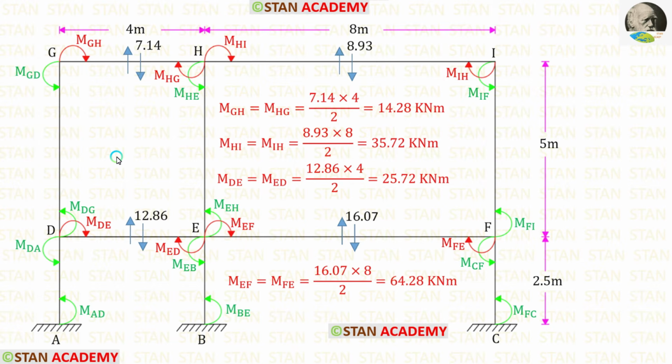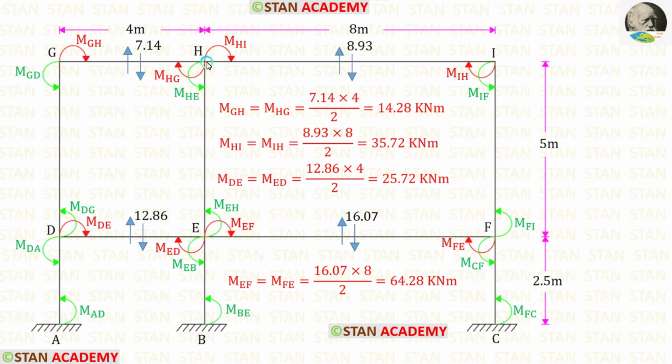For finding the moments, we can apply the formula WL upon 2. Let us take the member GH. In this member, W is 7.14 and L is 4. Also, we know that MGH and MHG are same. After calculating this, we are getting these two moments as 14.28 kilonewton meter.